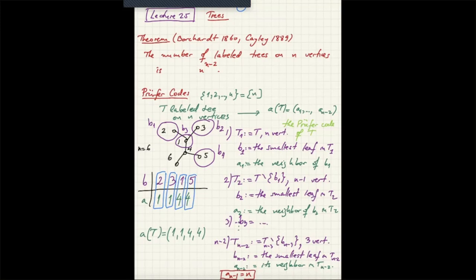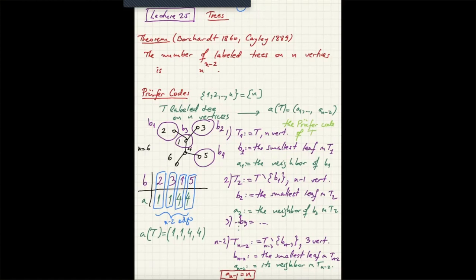So in this table of 2 rows, A and B, the n minus 2 columns give us n minus 2 edges from the tree. But the tree has n minus 1 edges. So what is the last edge? Well, the last edge, we can deduce it from our procedure.